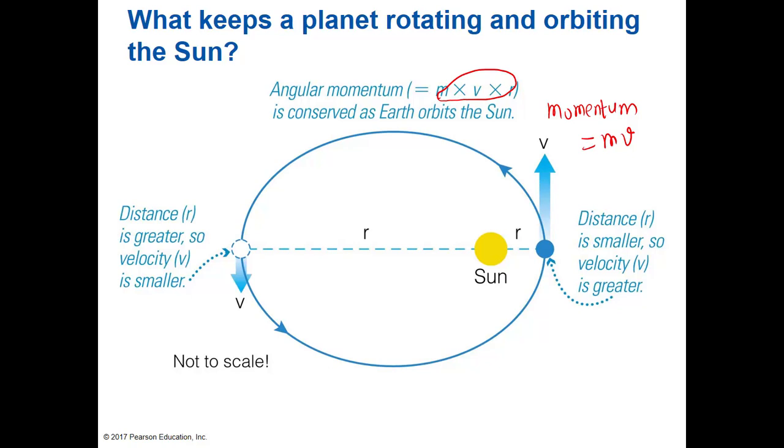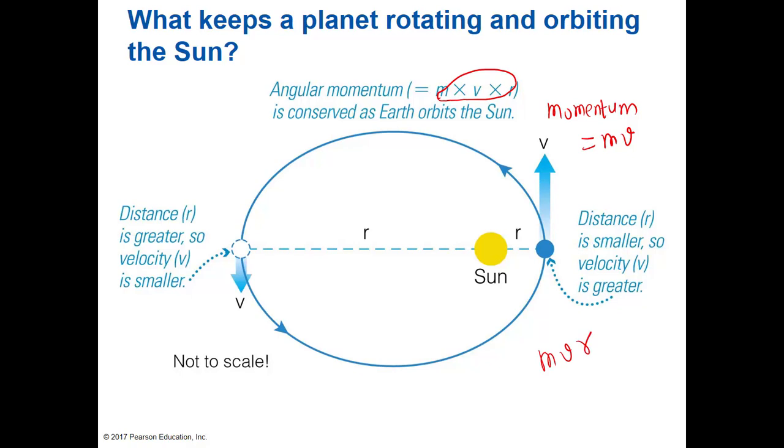Okay, here is the example. Here you have the sun, and this is the earth, and the earth is moving in an elliptical orbit. Here the angular momentum at any point is the mass times velocity times r.